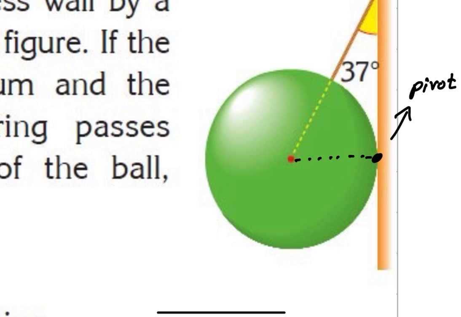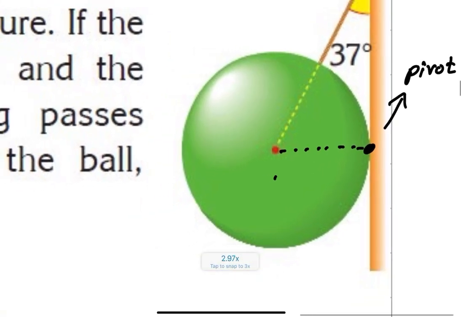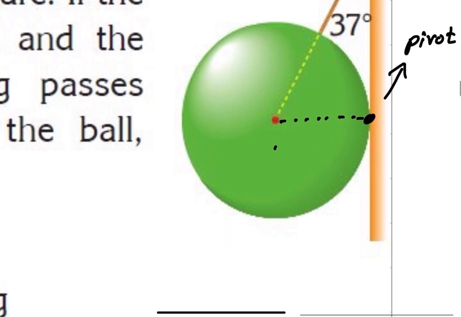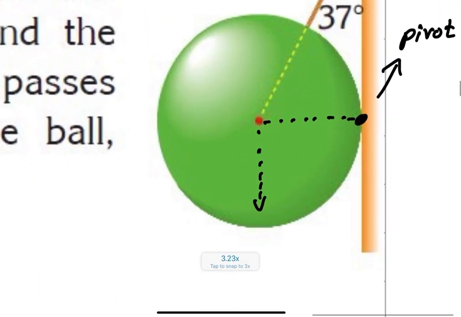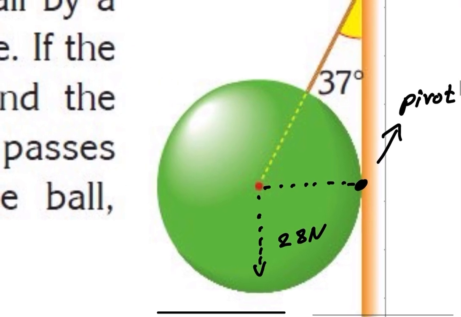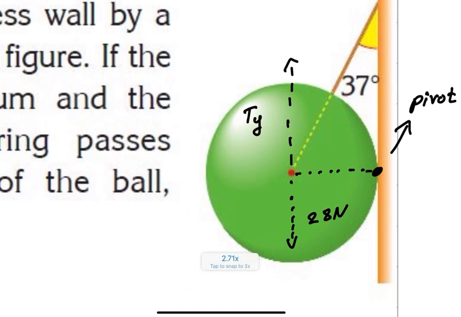From this pivot, it's not attached, but still we can consider it as a pivot. And downwards, it is pulled by a force of 28 newtons. It's a weight. And upwards, it is pulled by tension by Y, the vertical component of this tension here.